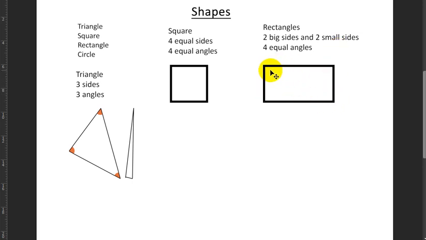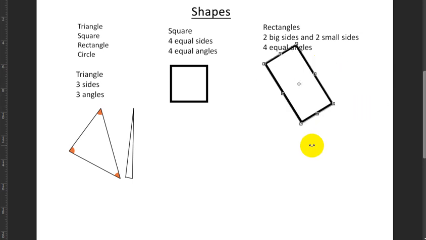Now this is a rectangle because, again, it has 4 equal angles. So this angle is the same as this one and this one and this one. But there are 2 big sides, the top and the bottom, and there are 2 small sides, the left and the right.